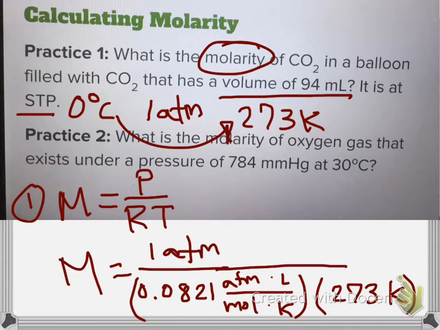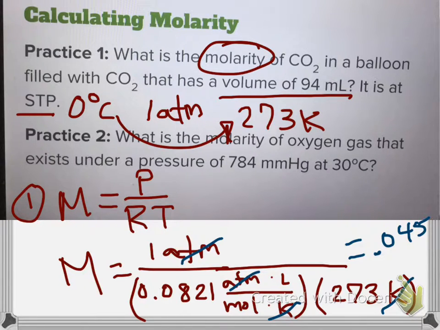Okay, notice what units cancel out. We have Kelvin canceled out, atm cancels out. Okay, so go ahead and plug this into your calculator. And you should get that this equals 0.045.